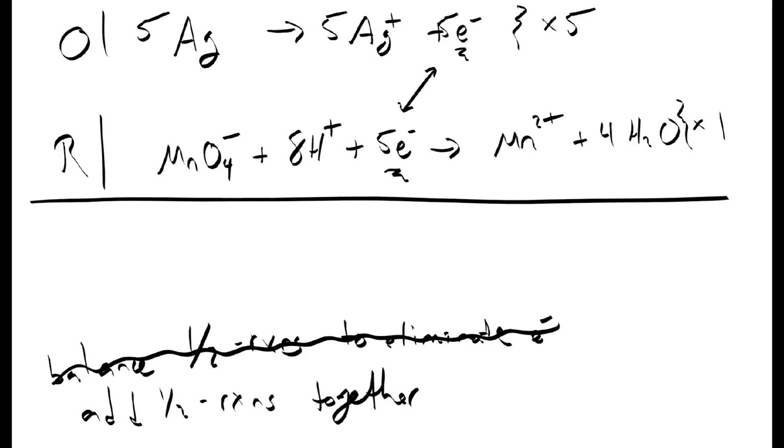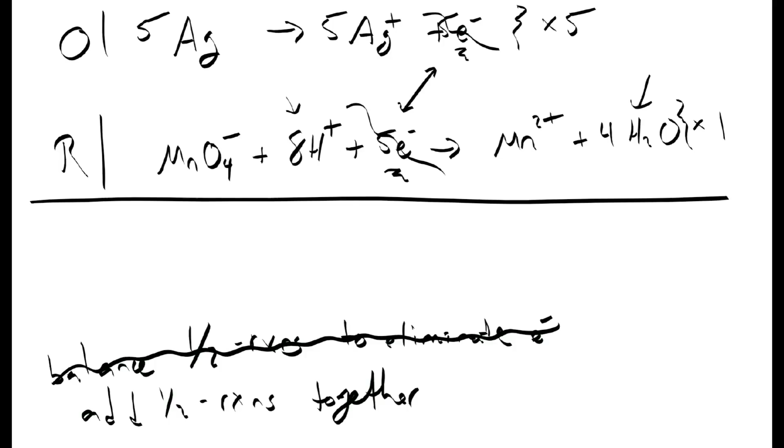So, once again, anything that appears on both sides is going to cancel out. In this particular case, the only thing that appears on both sides is the electrons. That's not always the case. Very often you'll have hydrogen and water appearing on either side of the arrows. Okay, they'll be in both reactions. And you'll have to cancel some of those out as well. Unlike the electrons, you might not necessarily lose all of them, though. You'll have some left over usually.